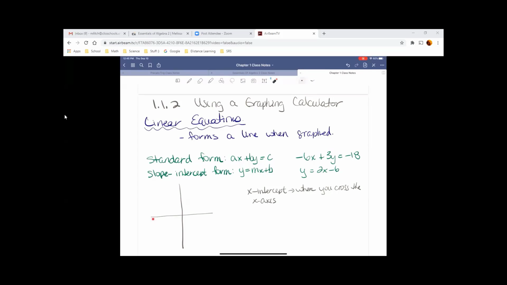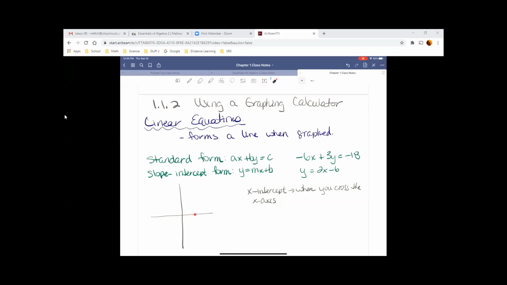So which one's my x-axis? This one, right? When I cross anywhere on the x-axis, what's my y value going to be? 0. Yep. If I was here, say I went over 1, what's my y value going to be? The coordinate would be (1, 0), right?